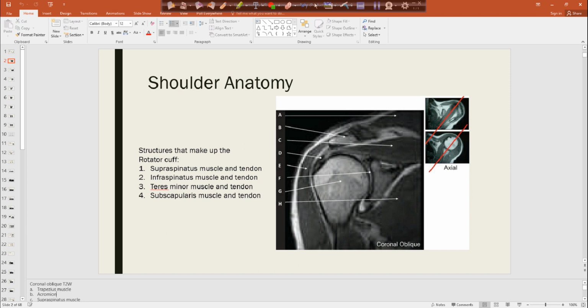The anatomy here, A, up top, your trapezius muscle. B, your acromion. So then what's this joint space right here? AC joint. I'm sorry, right here, a little higher up. Always want to include your AC joint on your shoulder images. C, supraspinatus muscle.